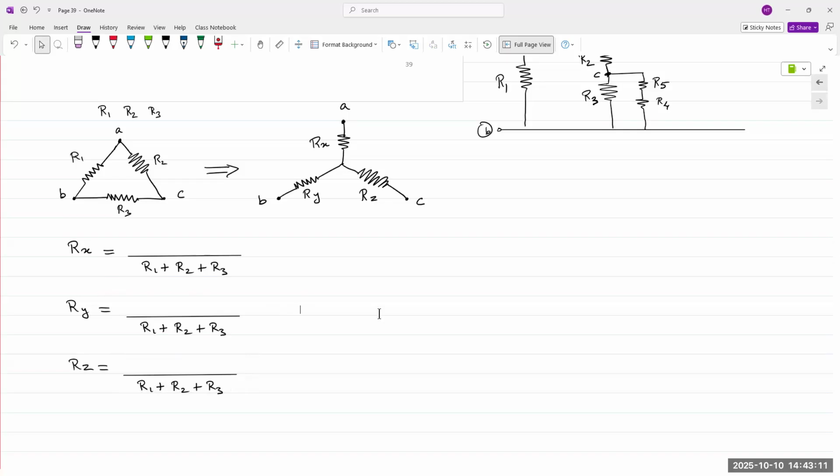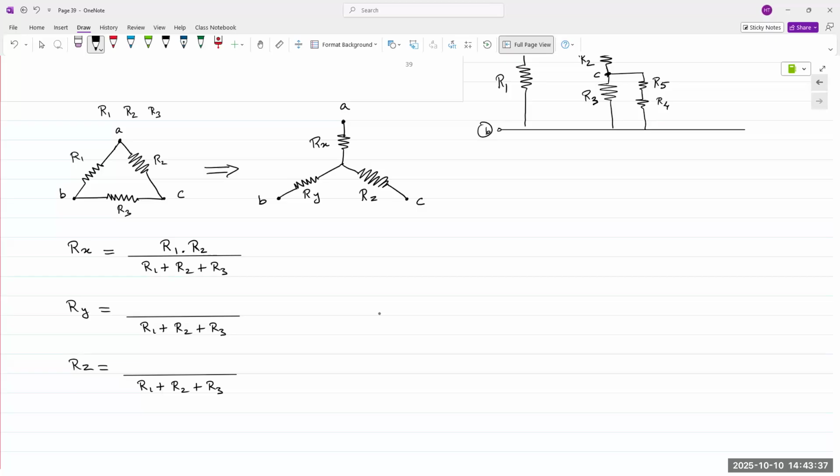So if you're trying to find Rx, Rx is connected at node A. And in the original delta, node A has R1 and R2. And so this is R1 times R2. That's how we perform this transform.